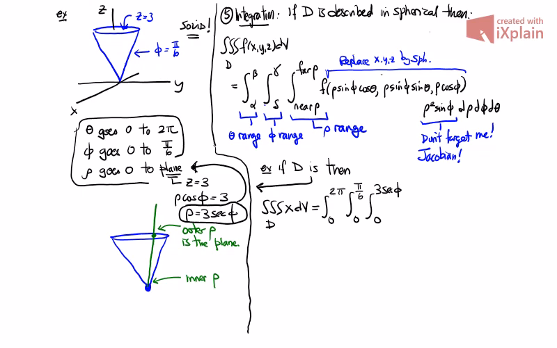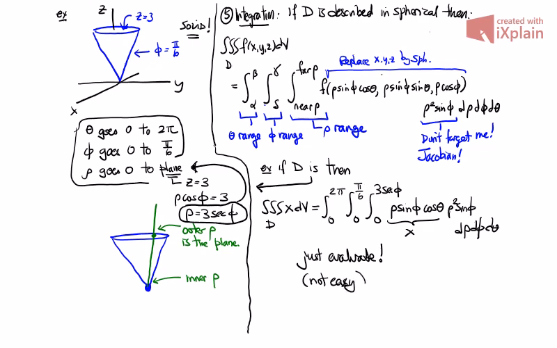Then we have an x. X becomes rho sine phi cosine theta. Then we have the Jacobian, which is rho squared sine phi, and then d rho d phi d theta. And then that just gets evaluated. It doesn't mean it's easy, right? This one is not so easy necessarily, but that's what we do from here.